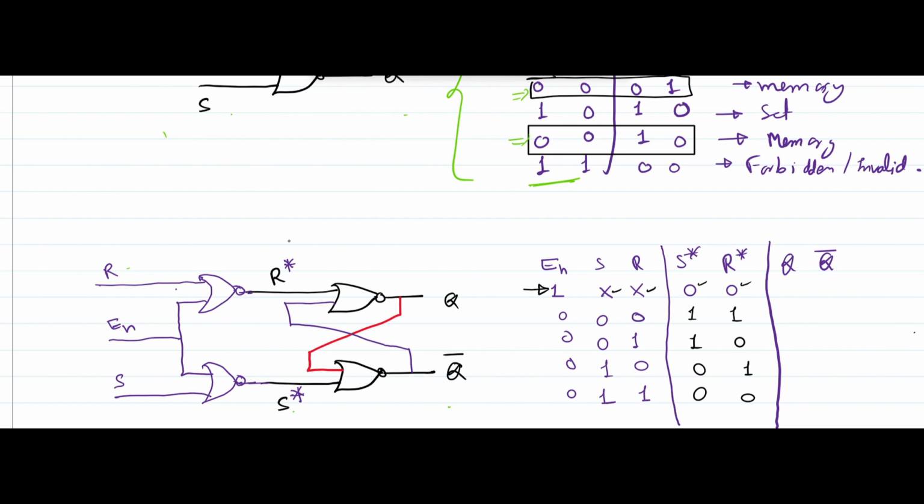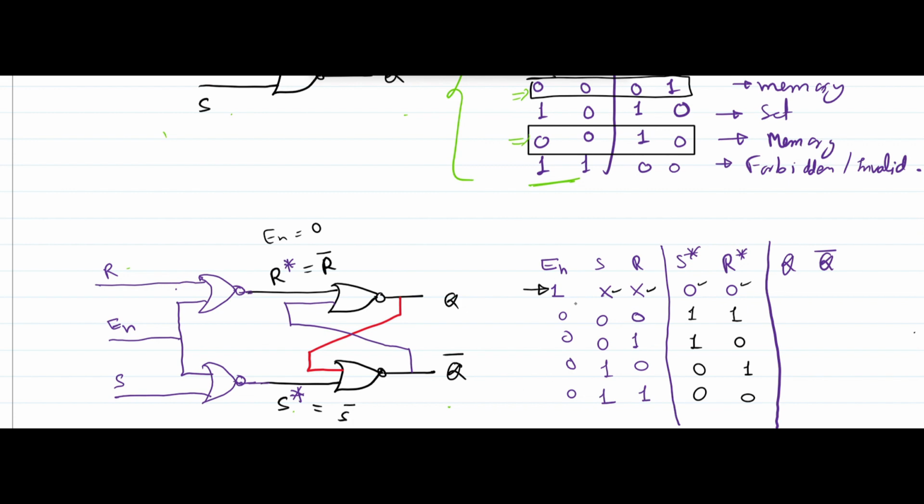For now, enable 1 is done up to the input side. For enable equal to 0, R star is nothing but R bar and S star is nothing but S bar. Let me write that.